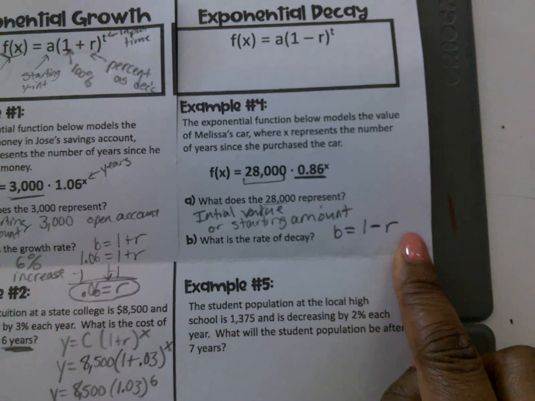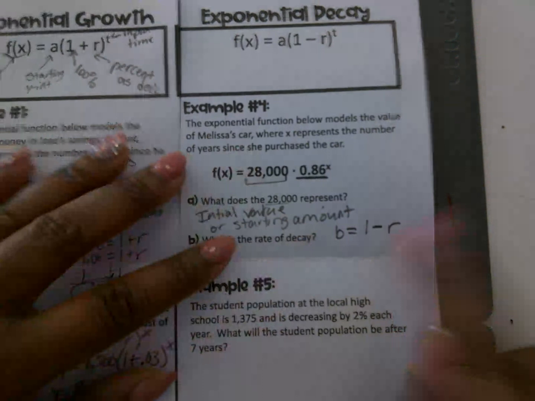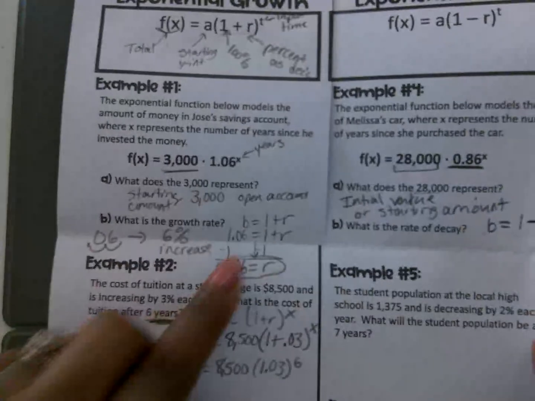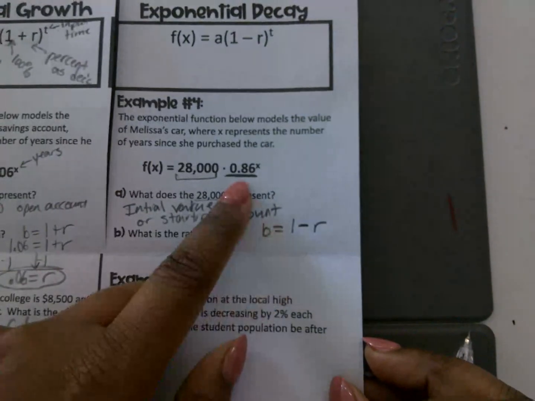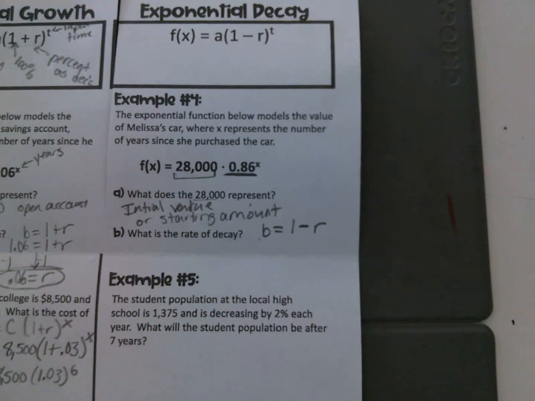So, in order to figure out the R, you're going to take whatever B is and plug it in here. B on this side was 1 plus R. B for decay is 1 minus R. Thumbs up, I'm good with what you said. Sideways, I'm confused. I need everybody to vote, please. Okay, cool beans.